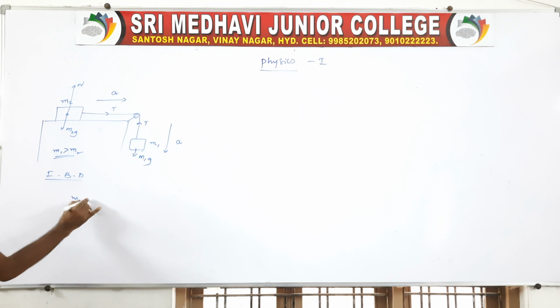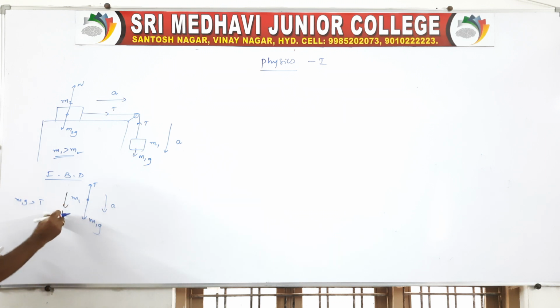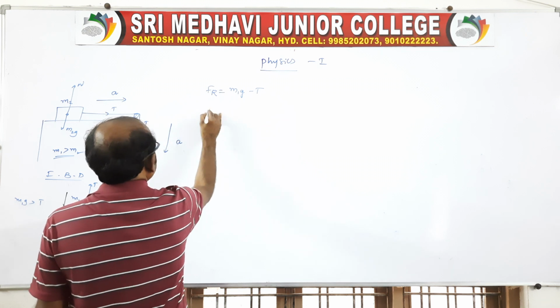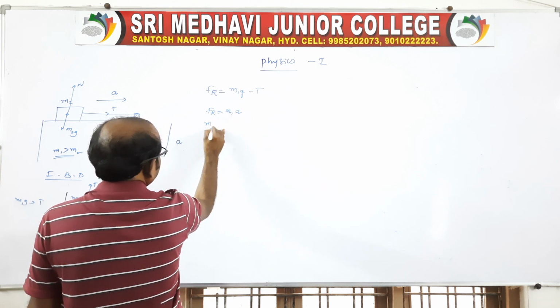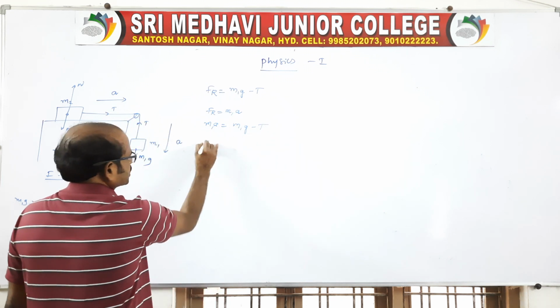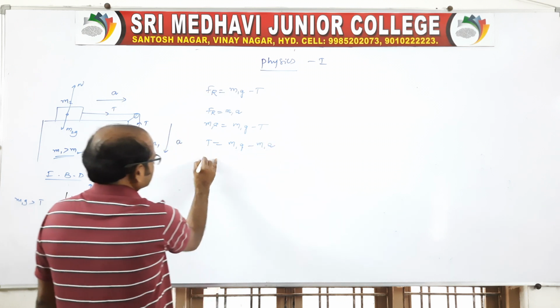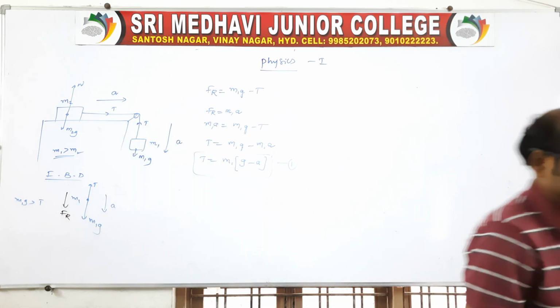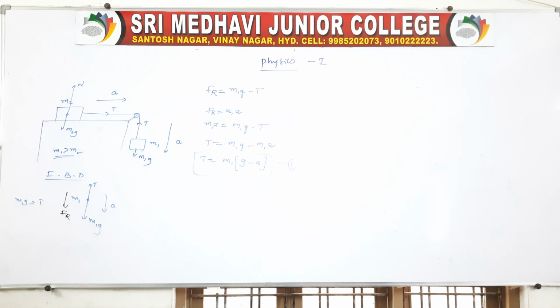Here m1g acts down and tension T acts up, and the block accelerates down, so m1g is greater than T. The resultant force FR downward is m1g minus T, and since the block is accelerating, m1a equals m1g minus T. So T equals m1g minus m1a, which is T equals m1 of g minus a. This is equation 1.